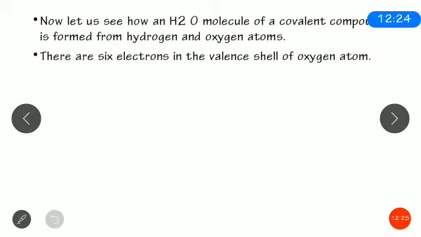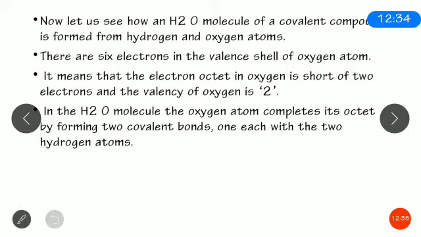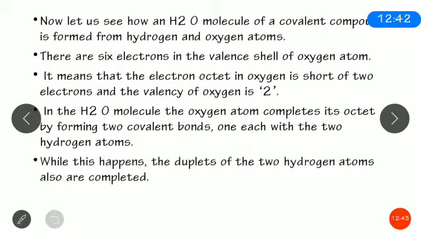There you can see there are 6 electrons in the valence shell of an atom of oxygen, which means the electron octet in oxygen is short of 2 electrons, and the valency of oxygen is 2. So in the H2O molecule, the oxygen atom completes its octet by forming 2 covalent bonds, one each with the 2 hydrogen atoms. While this happens, the duplets of the 2 hydrogen atoms are also completed.